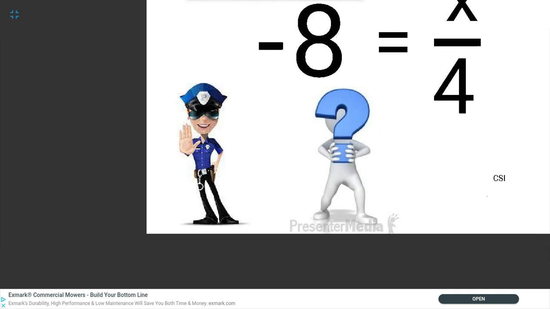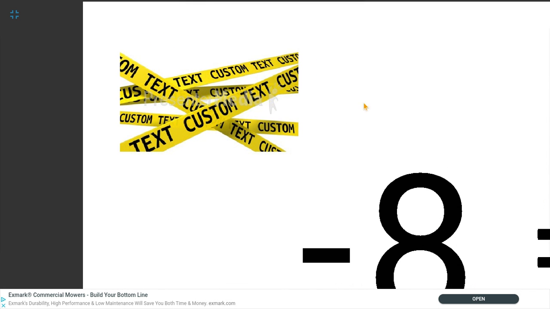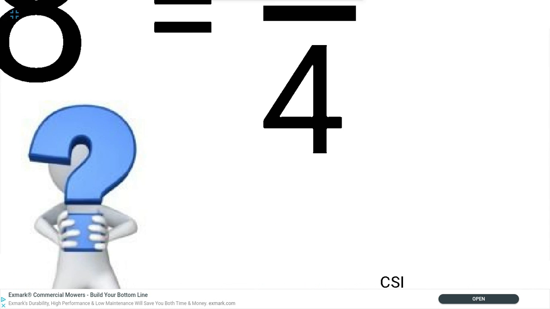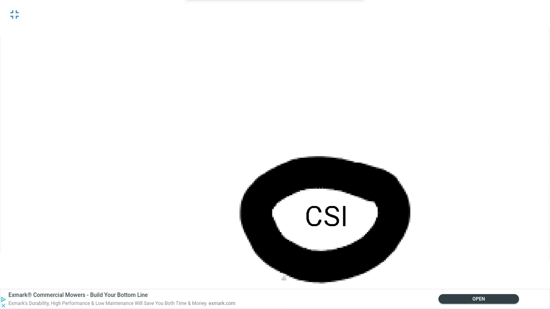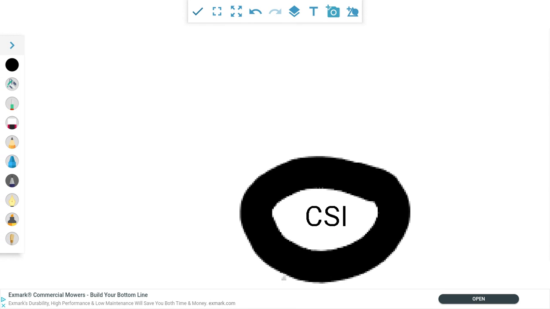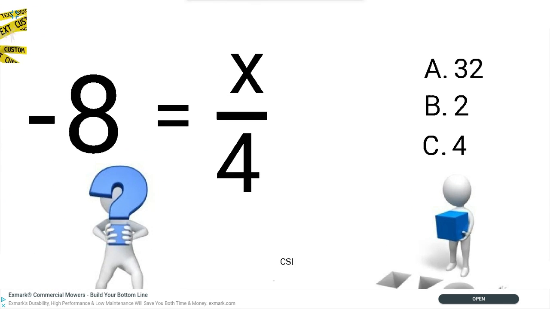And the police guy over here is saying we need to know what you are. Well, we have a crime scene. So down here we have these three letters making a one-three word term, CSI, which is an abbreviation for crime scene investigation, or investigator for this scenario, because you are going to be the investigator.